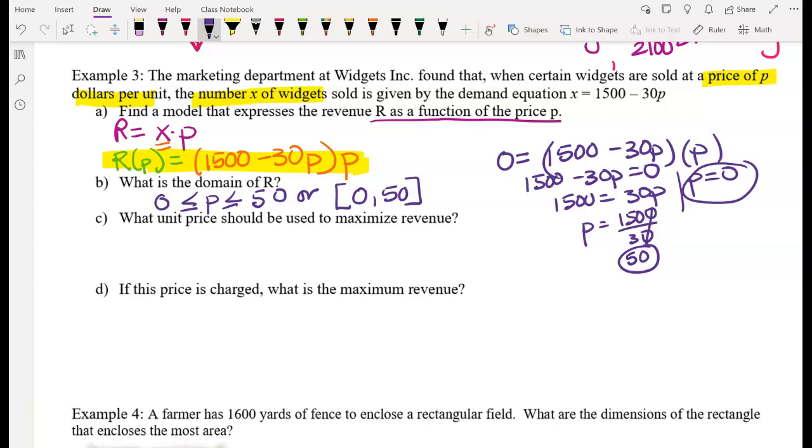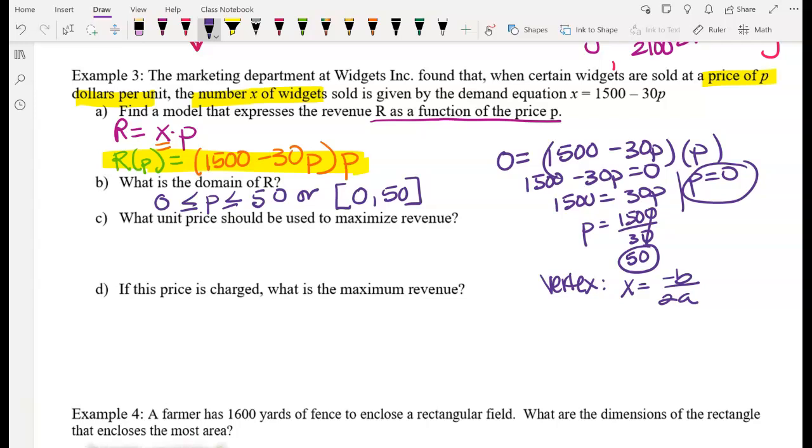So that's really up to you. So to find the midpoint, aka the vertex of the quadratic, x equals negative b divided by 2 times a, that's if it's in standard form.